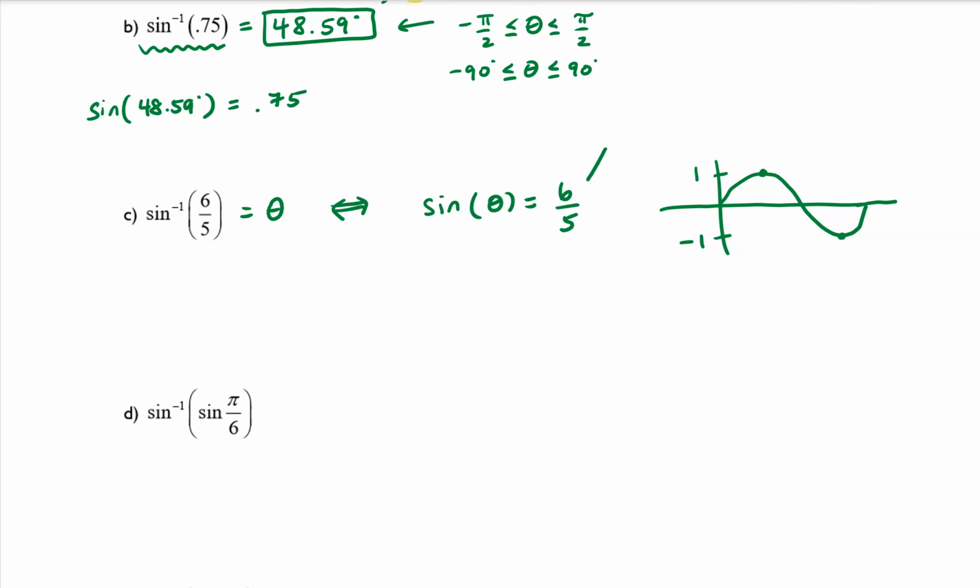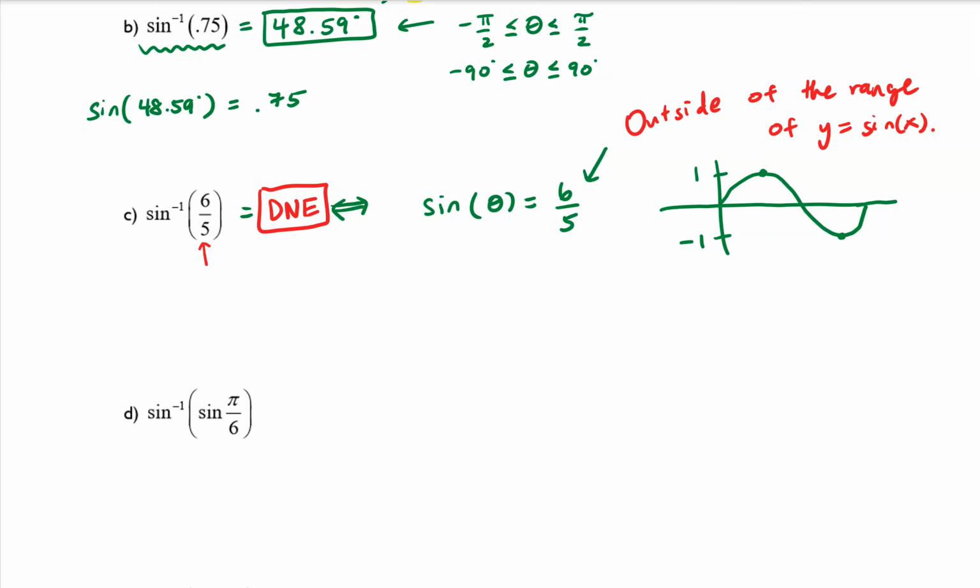and so this value is actually outside of the range of y equals sine of x. And so there actually is no angle theta such that sine of theta is equal to 6 over 5. And that means that sine inverse of 6 over 5 does not exist.